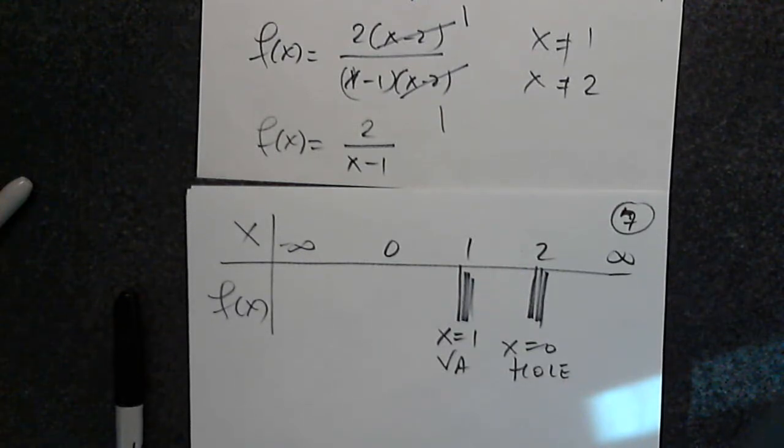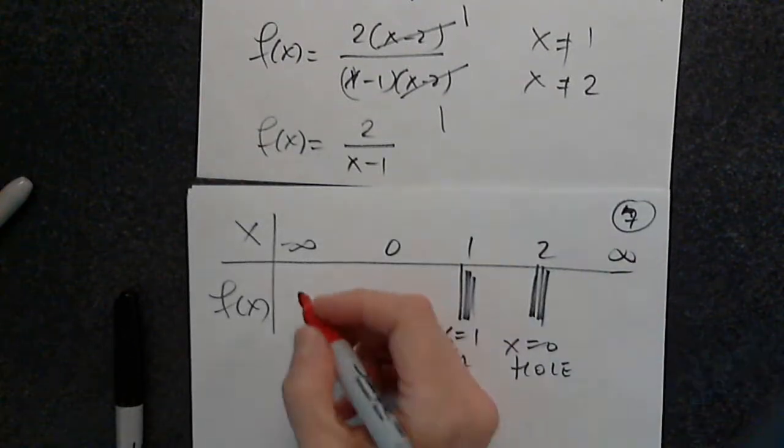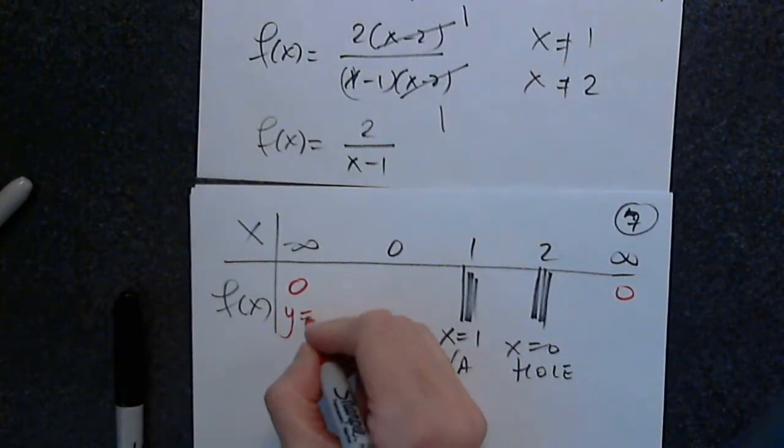The degree of the top has no x, so it's degree 0. The degree of the bottom has x to the first power, so it's degree 1. So degree 0 over degree 1 cannot be type 1. It is type 2, where the degree of the denominator is bigger than the degree of the numerator. So the horizontal asymptote for type 2 is y equals 0.